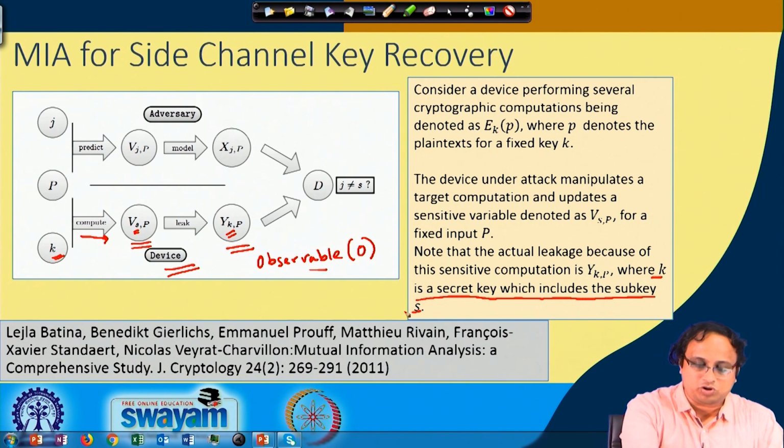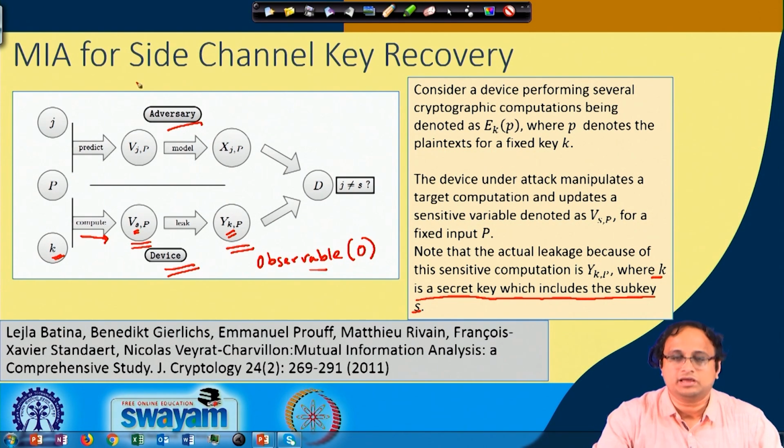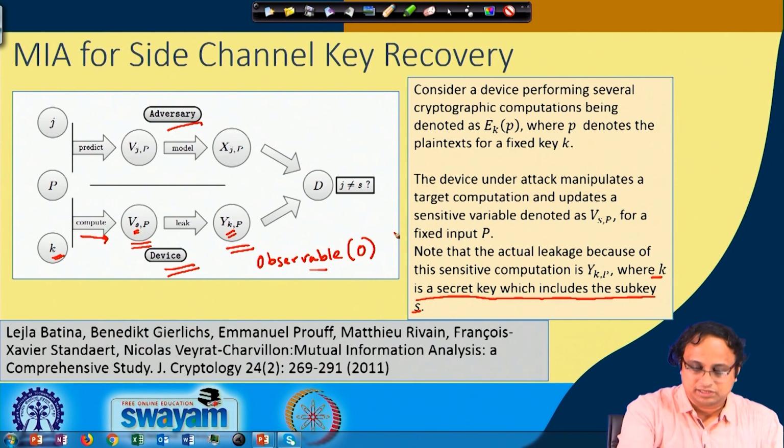On the other hand, when you are talking about the adversary, that means when you are doing the attack, you do not know what the key is. So, you try to guess the key and you try to make a prediction, and you derive something which is called the leakage.